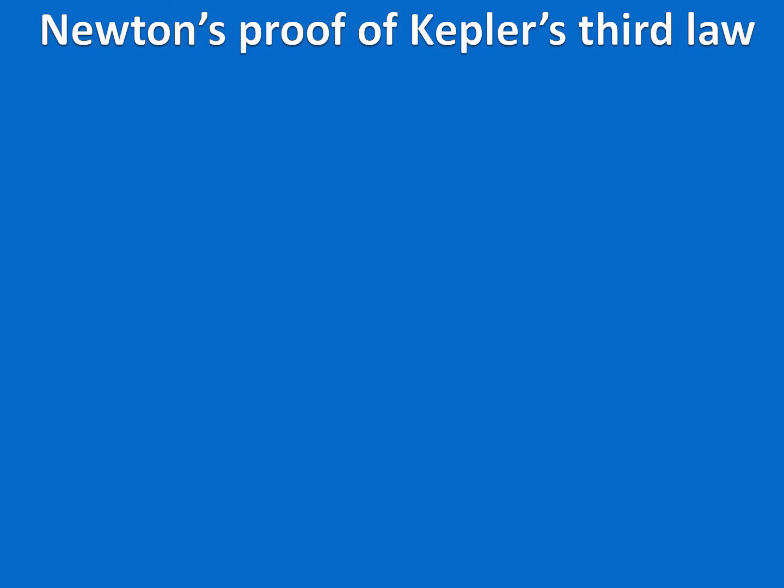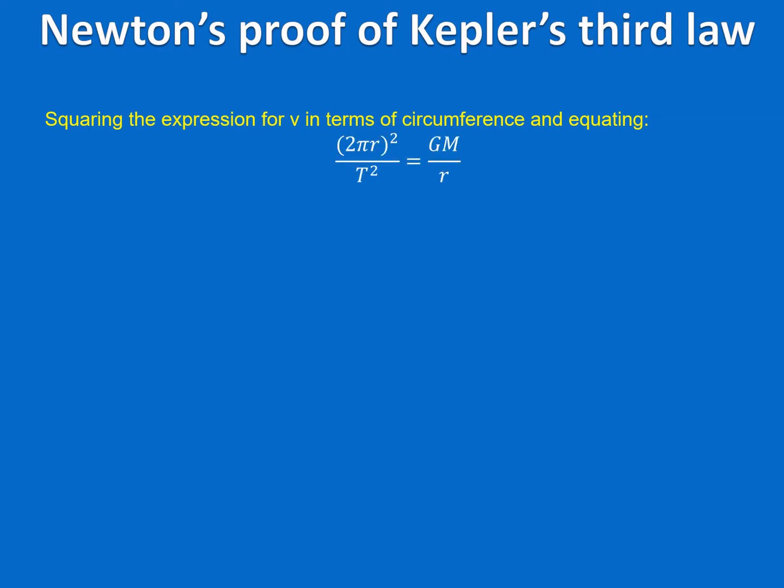If we know that the speed of orbit is 2 pi r over T, because it's in a circular orbit, and previously we've said that v squared is equal to GM over r, we can equate the two. So we can square that expression for v and have an expression for v squared. So v squared is 2 pi r all squared over T squared, where T is the time period.